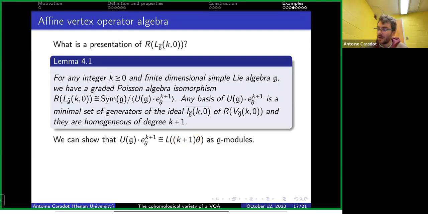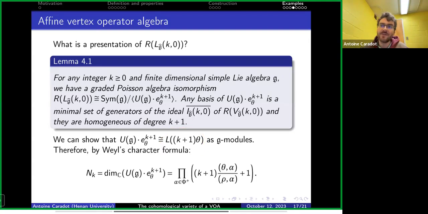And through this form, we don't really know what to do with it, but through this form, we have a lot of results. And in particular, we have Weyl's character formula.